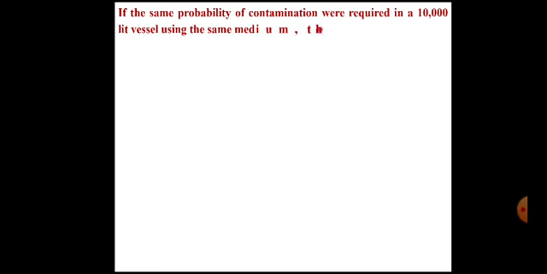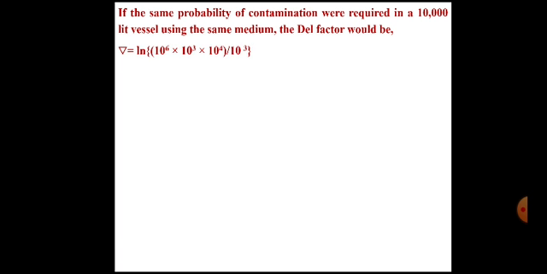Now, in another example, if the same probability of contamination were required in 10,000 liter vessel, so earlier it was 1000 liter, now scale is increased by tenfold. So here the medium is 10,000 liters, considering the same probability of contamination and same concentration of cells, that is 10 raised to 6 cells per ml, and here the volume is 10,000 liters.